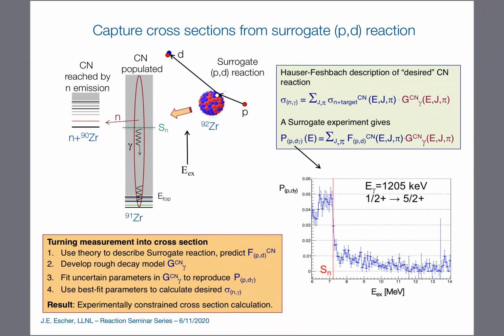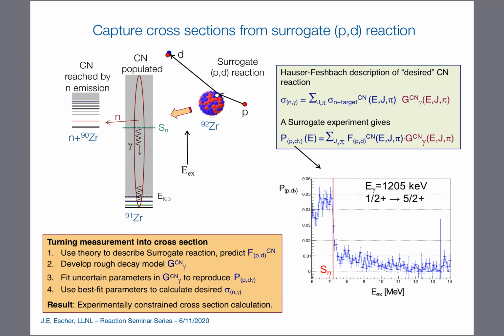I use the P's that my experimental colleagues give me. And I do some decay modeling for the G, but I vary my models and my parameters in this G until I achieve a fit.